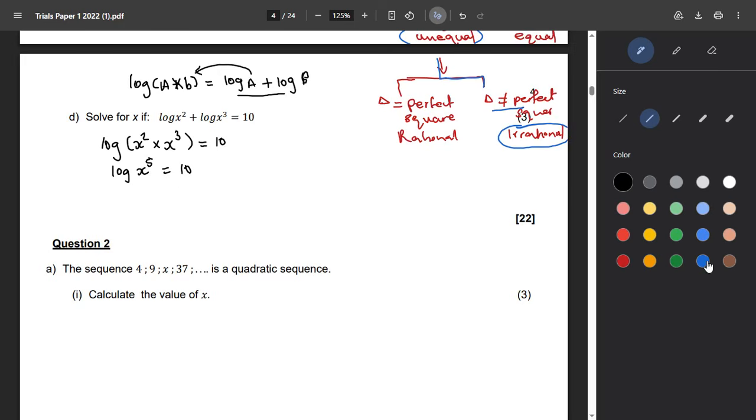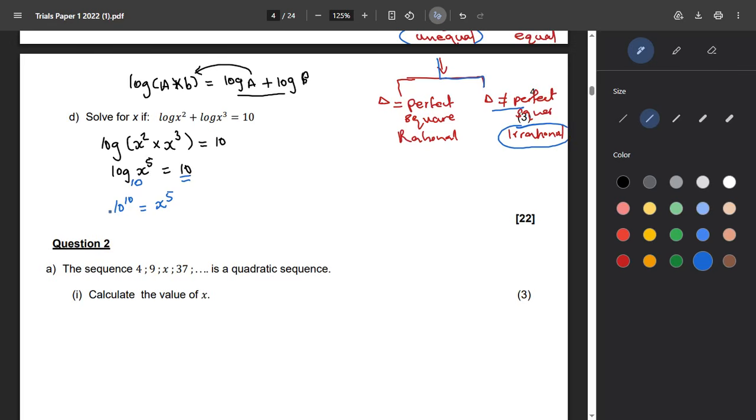Remember, if on your log there's no number, just know that the base is 10. So we can say 10 to the power 10 is equal to x to the power 5.